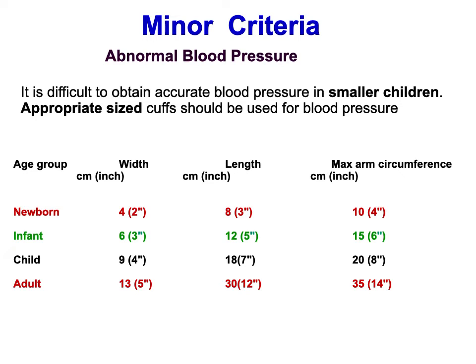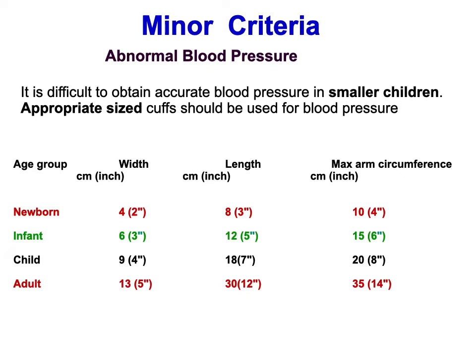An appropriate size cuff has to be used. One clinical dictum you should remember: when the appropriate sized cuff is not available, never go for an undersized cuff. Always go for an oversized cuff, because an undersized cuff leads to higher blood pressure values, and that gives an erratic result, and you should not do that.